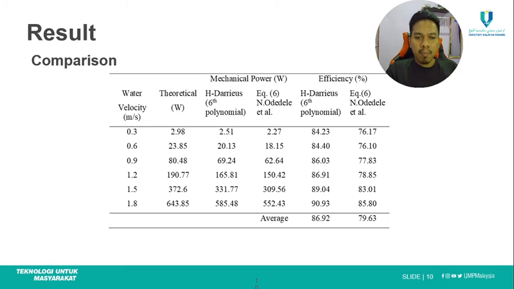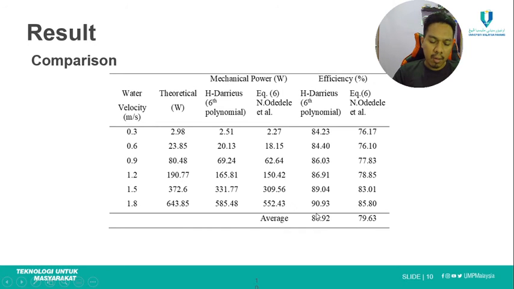Okay, as for the benchmarking, the proposed turbine power model based on the H-Darrieus turbine, the sixth polynomial equation, has been compared with equation 6 by Nordin. As can be seen in this table, we have compared in terms of the mechanical power and also the efficiency.